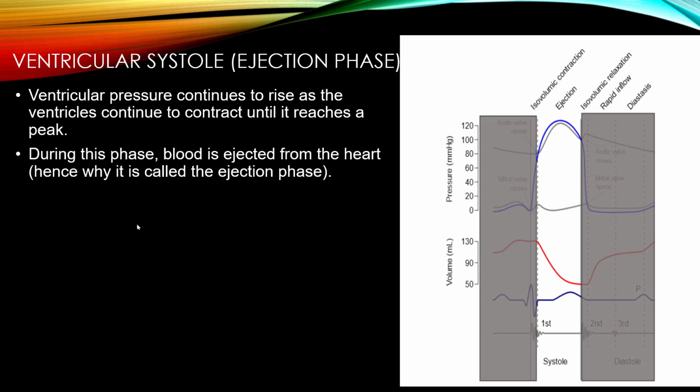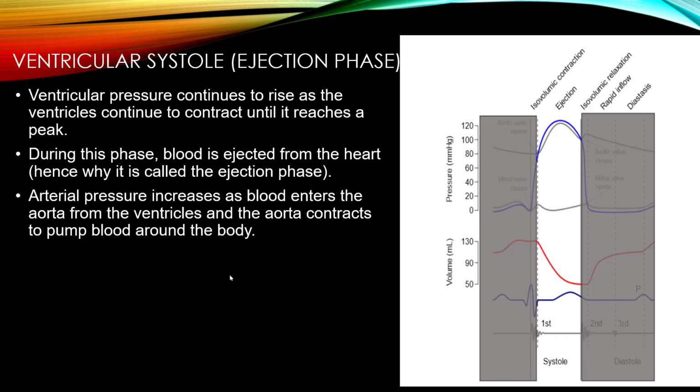During this phase, blood is ejected from the heart, hence it is called the ejection phase. When the valve opens and the ventricle is contracting, the blood rushes into the aorta. So this is called the ejection phase.